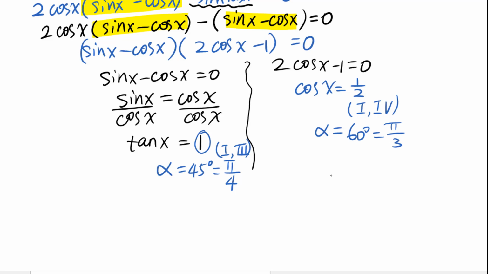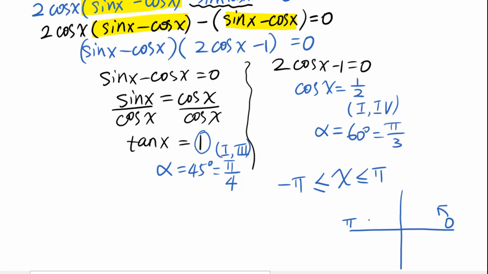Check the given domain, that is x is greater than or equal to negative pi, less than or equal to pi. So we draw this diagram. This will be 0, here's pi. We start at 0, ending at pi.